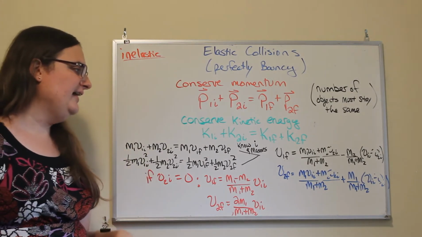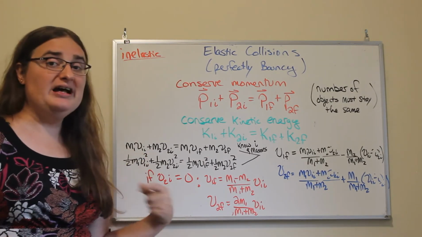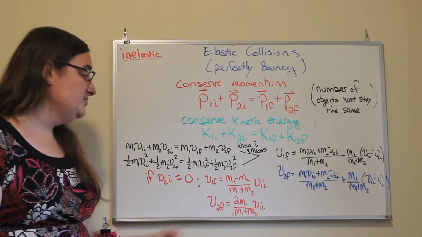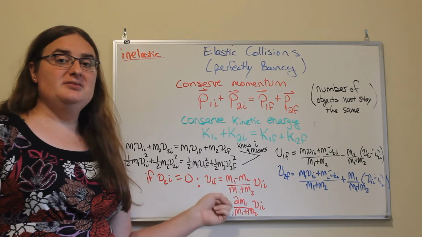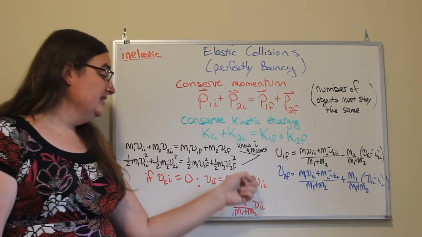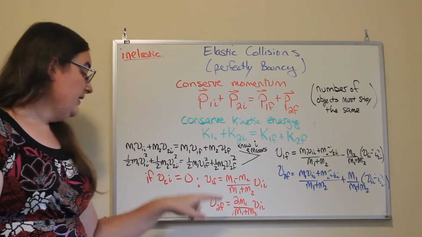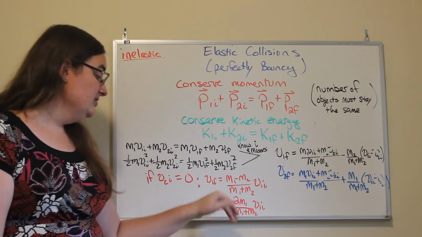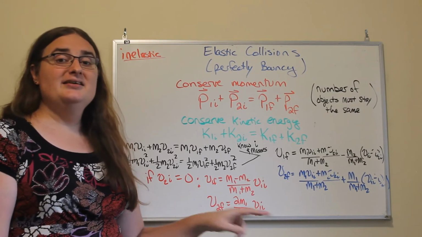All that survives, if we have an initial velocity of our second object equal to 0, our final velocity of object 1 is the difference in mass, m1 minus m2, divided by the total mass times v1 initial. And for v2 final, it's 2 times the mass of object 1 divided by the total mass times v1 initial.